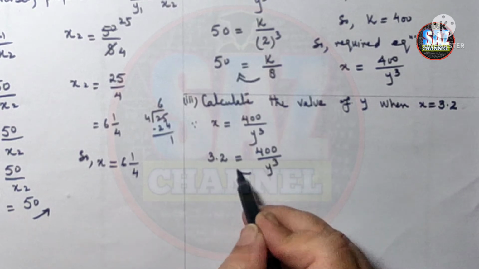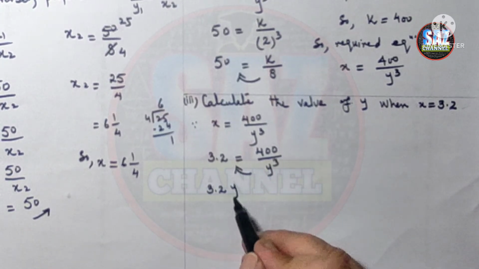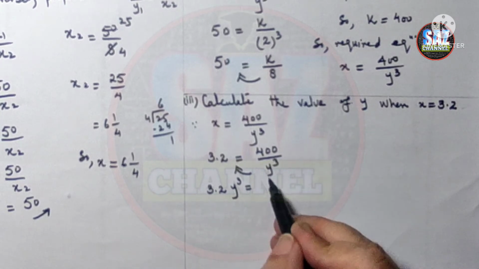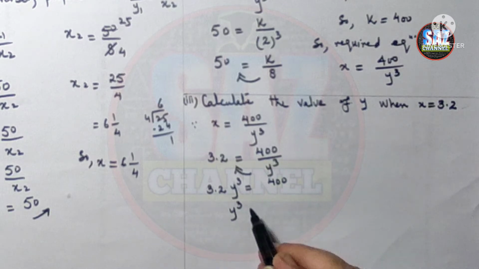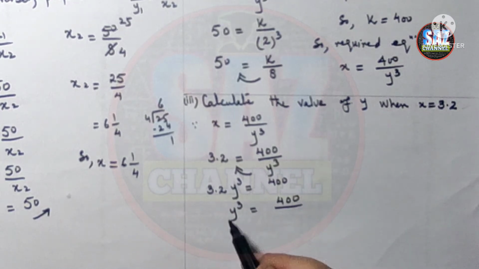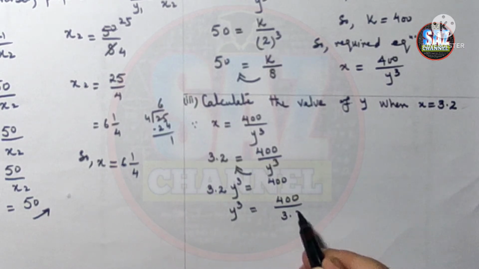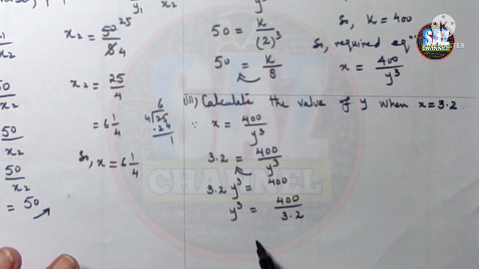Now shift y cube to the other side: 3.2 into y cube equals 400, so y cube equals 400 upon 3.2. And now the simplification and calculation per step, that is also one of the difficulties for my students.